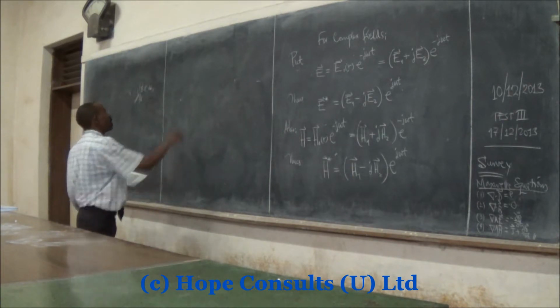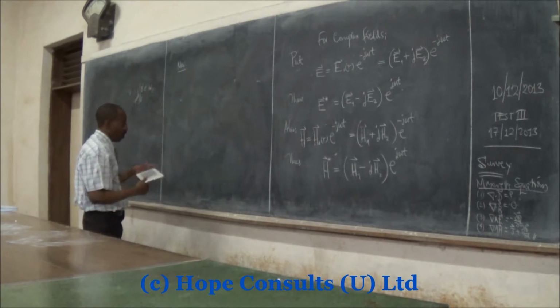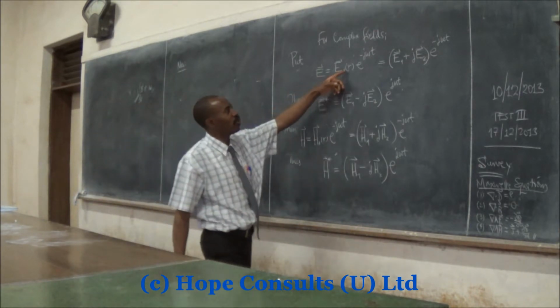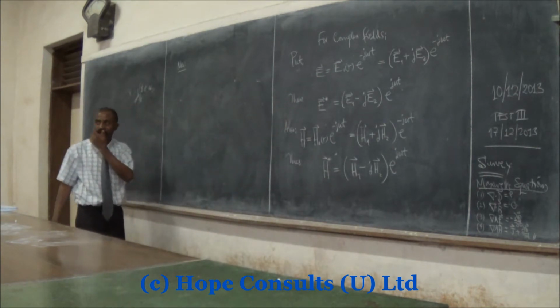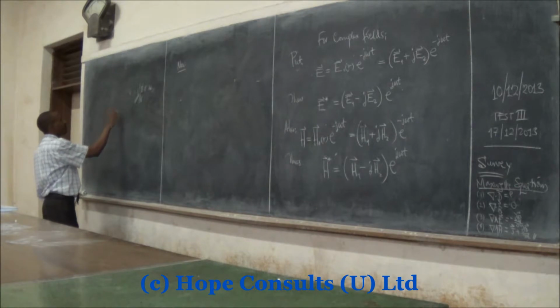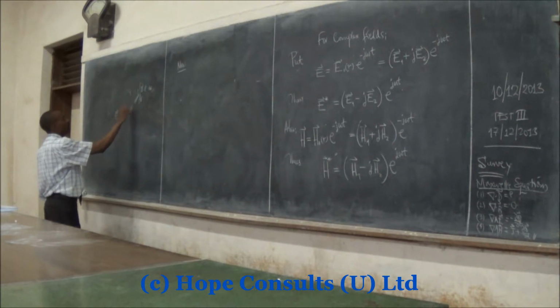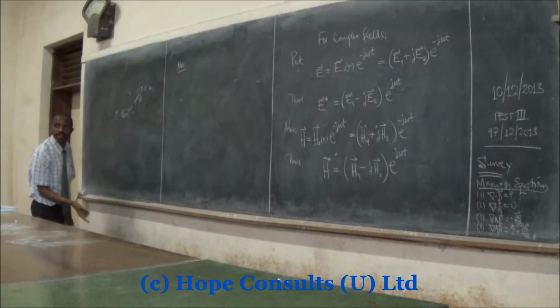So we note that, of course, who can tell us what this one would be in full in terms of the cos and the sine? What would be H naught exponential minus j omega t equal to, in terms of the cos and the sine?